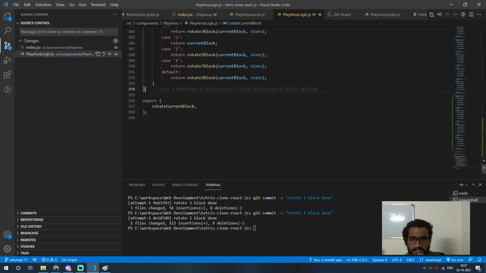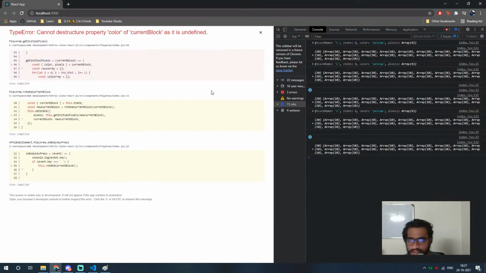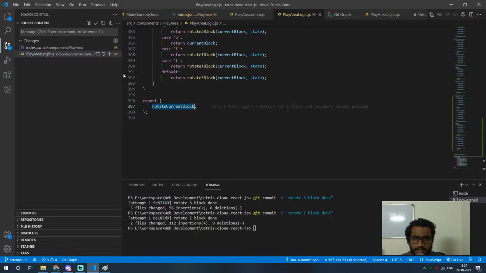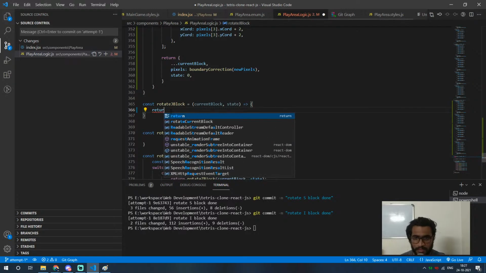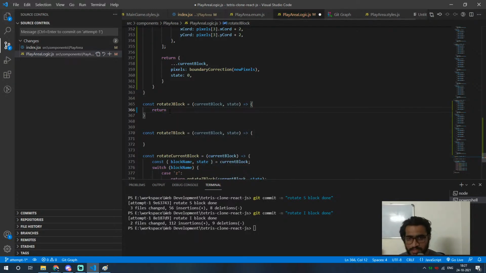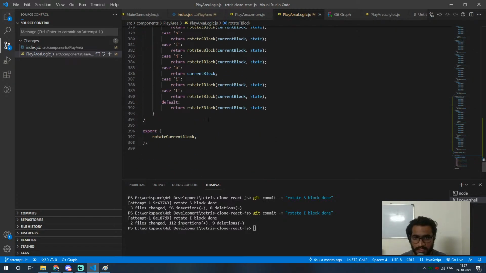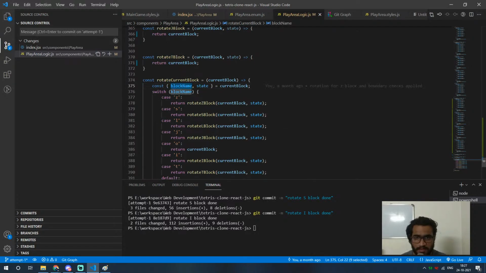So I think what this error is, current block would return current block, right? I should just return these blocks right away so that any error it is hitting, I just return the current block.